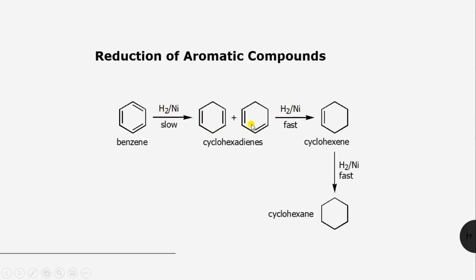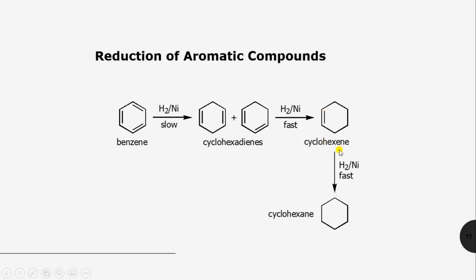Now another molecule of hydrogen will come, and this reaction will be a little bit faster because now the aromaticity has been lost, and now we have this conjugated double bond. Now one more hydrogen will be added to one more double bond, and we will be left with only one double bond, that is, cyclohexene will result.